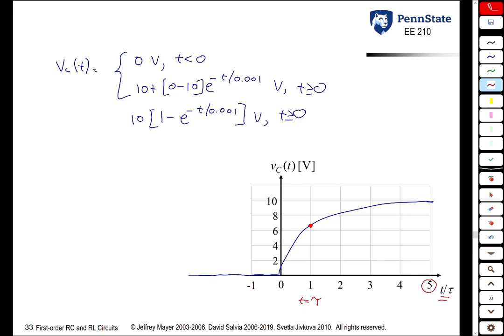Well, that 37% still shows up here, but it shows up slightly differently. What happens is, over the course of the charging of the capacitor, it's going to go from 0 volts all the way up to 10 volts. It goes 63% of the way within the first time constant, leaving 37%.